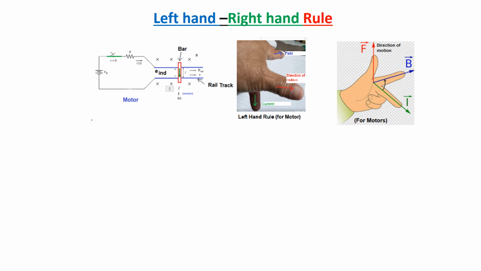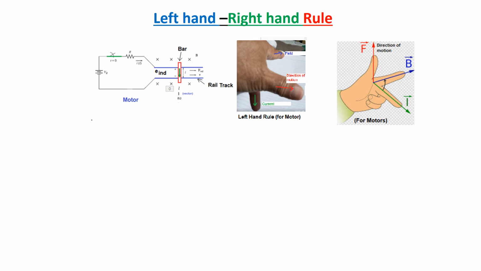As you can see in this direction, if the current is flowing from here down here, then we have to determine the force. Since this diagram does not represent exactly what we have in our case, where the field is into the page or into the screen, I have used my fingers.